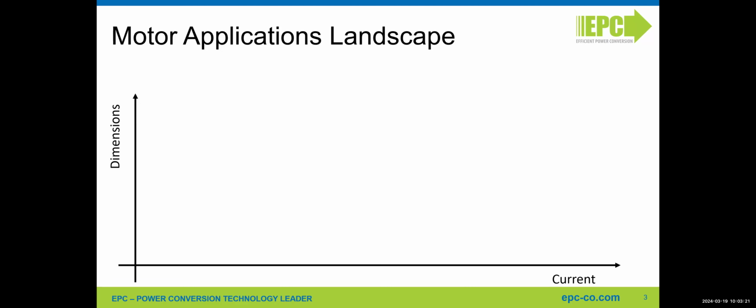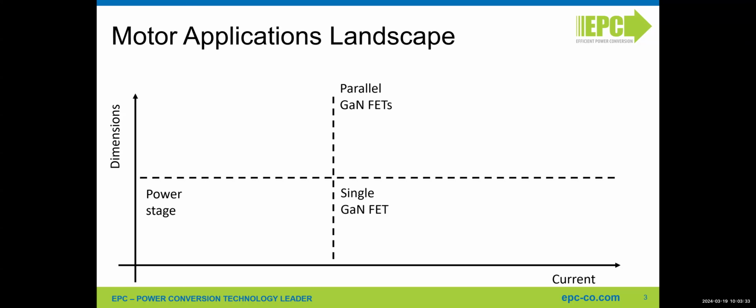So if we talk about the landscape and we look at inverters, usually the voltage source inverter is sized by current and also dimension. If we do a 2x2 matrix on current and dimensions of the inverter, we see that at the bottom left, we have a situation where we need the highest miniaturization.